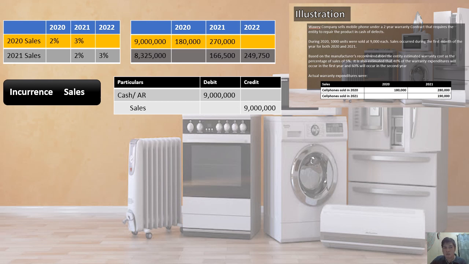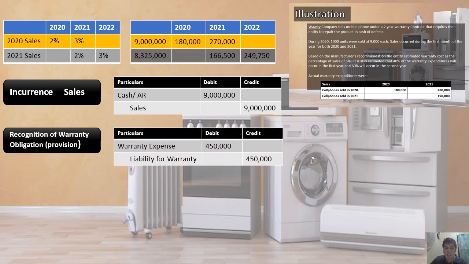Since the recognition of income happened in 2020, therefore the warranty expense of 5% should also be recorded under year 2020. So basically, we just need to recognize the warranty obligation under provisions since we need to follow IAS 37. The entry will be warranty expense 450,000 pesos, then credit liability for warranty 450,000 pesos.